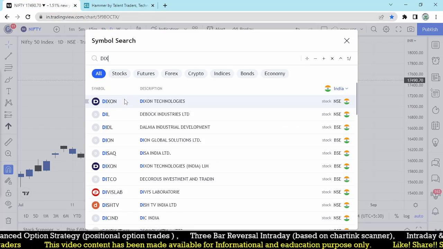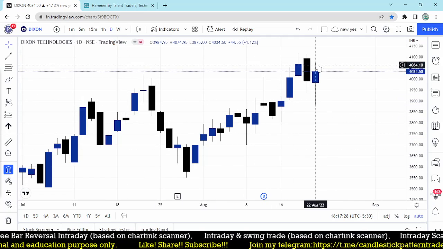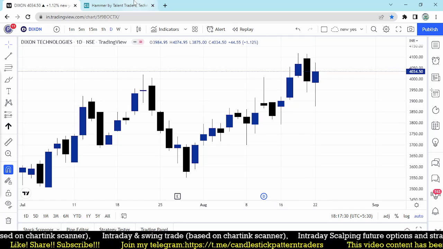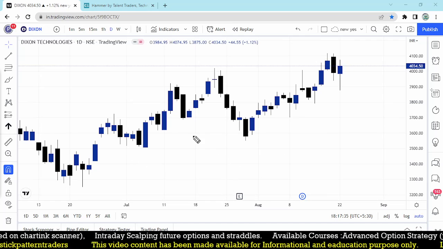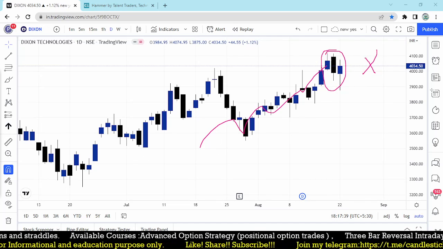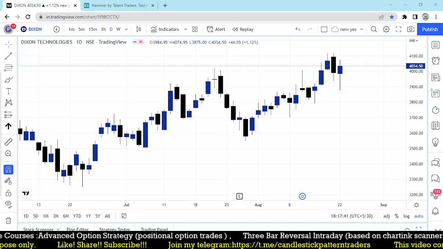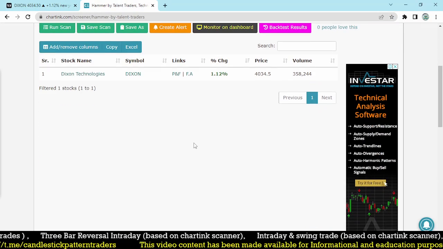Let me check Dixon. This is a hammer present today with a higher wick and lower wick, but it is happening at the topmost level. So we didn't get any stock with a hammer at the bottom right now, even with 2 and 3 and more than 3.